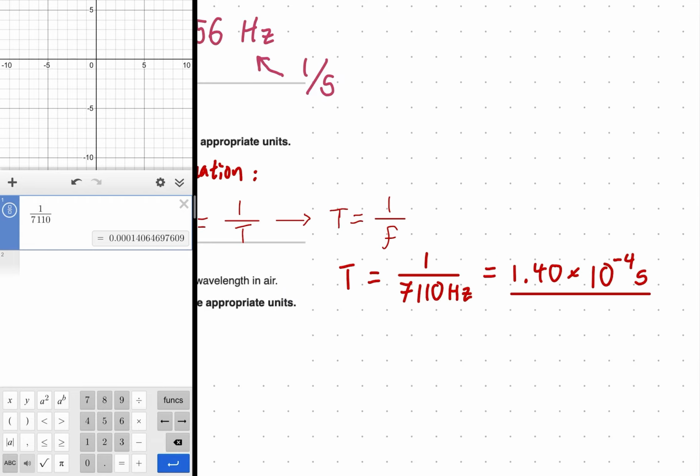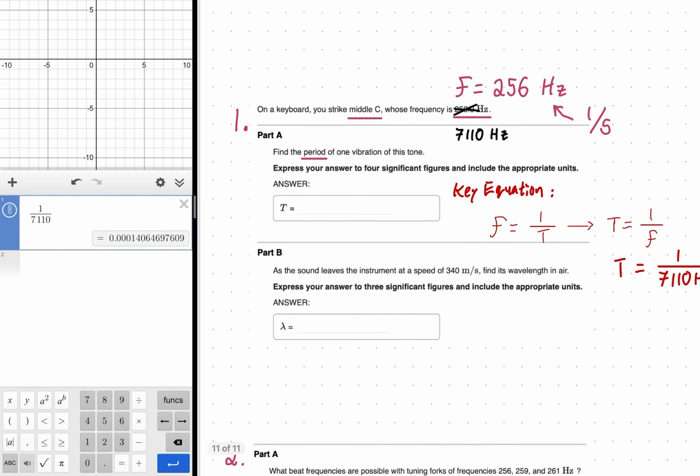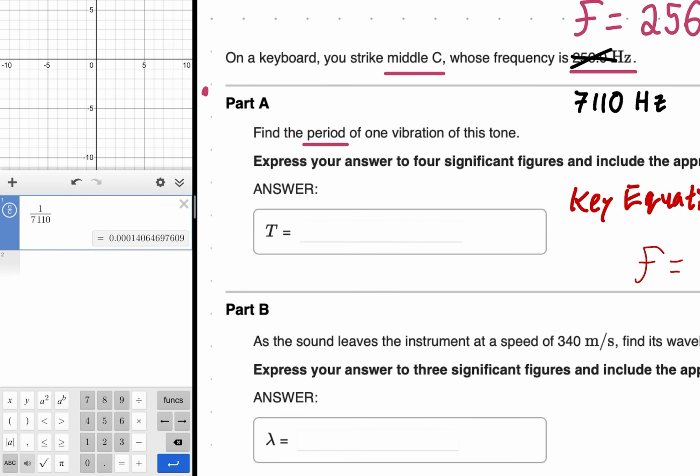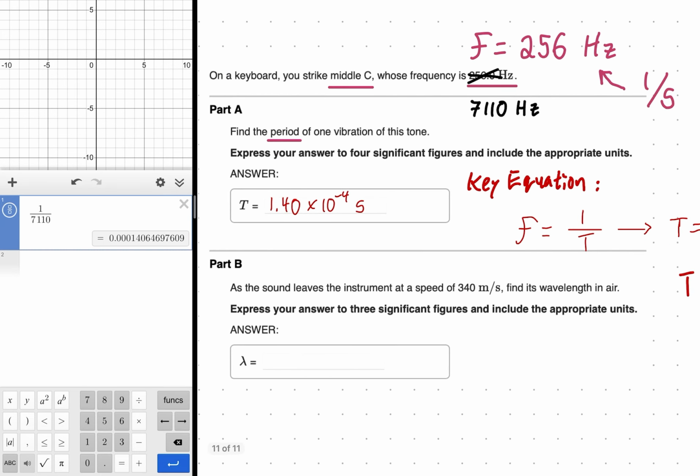Okay, so that's our numeric value with our chosen frequency there of 7110 hertz. And let's go ahead and write this answer in. So we got our 1.40 times 10 to the negative 4 seconds. Right? Obviously our units are going to be in seconds.